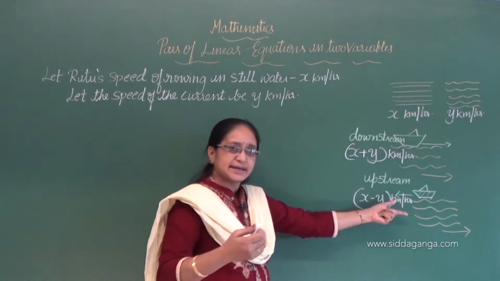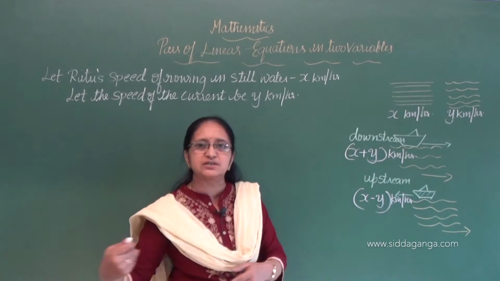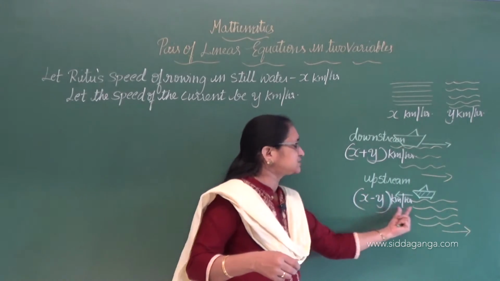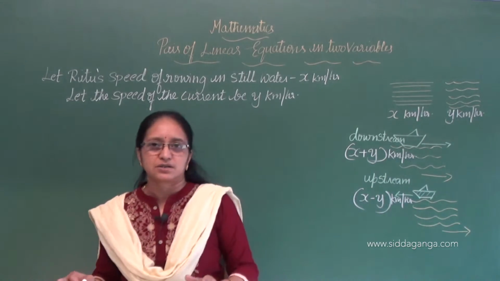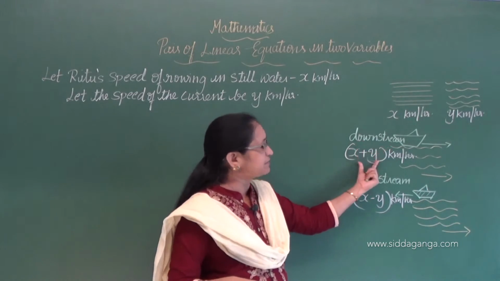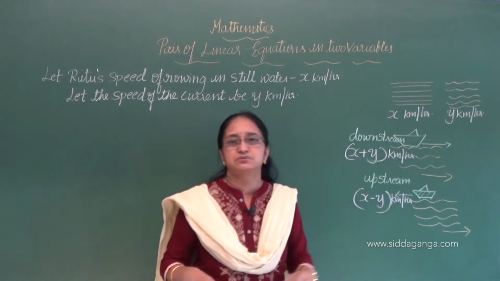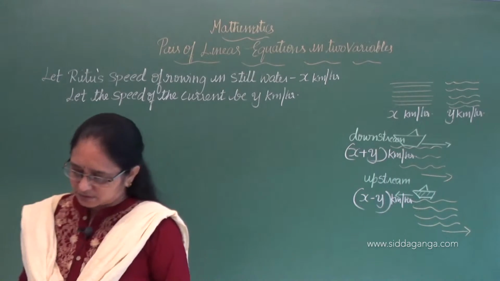When she is going against the flow of water, the speed will decrease, so this will be x minus y km/h. So in the downstream it is x plus y km/h and upstream means x minus y km/h.